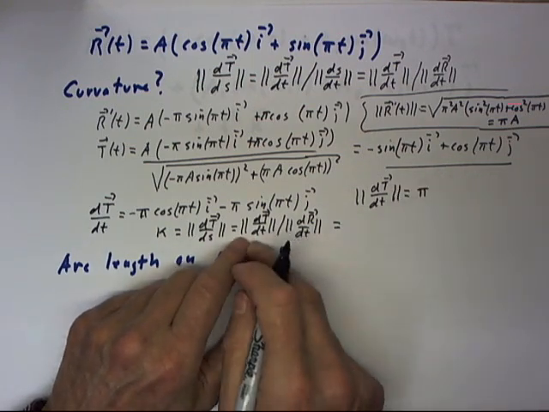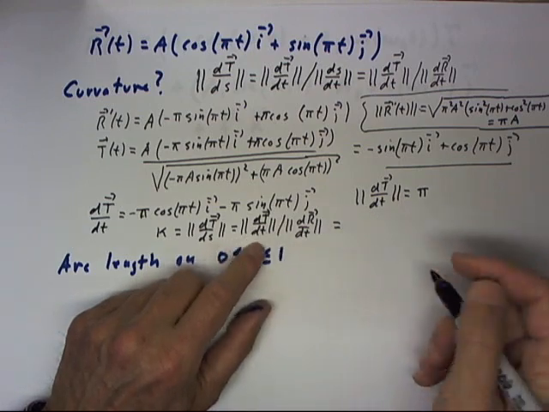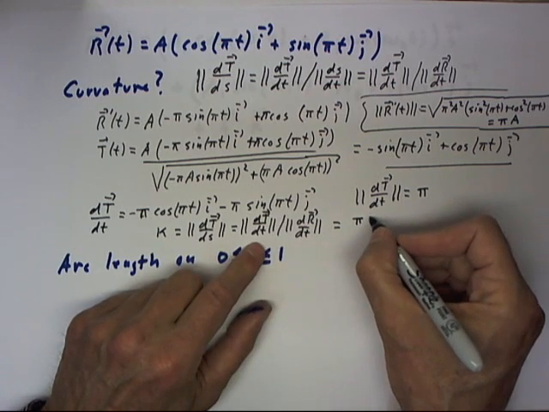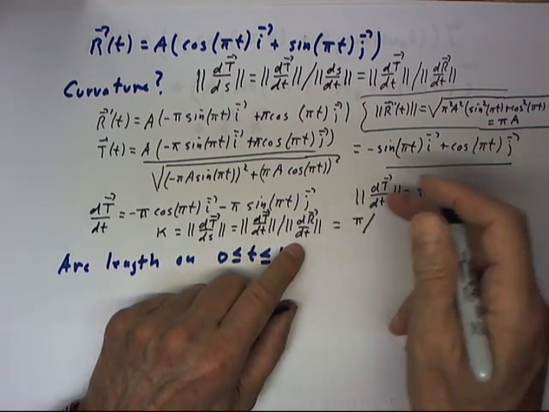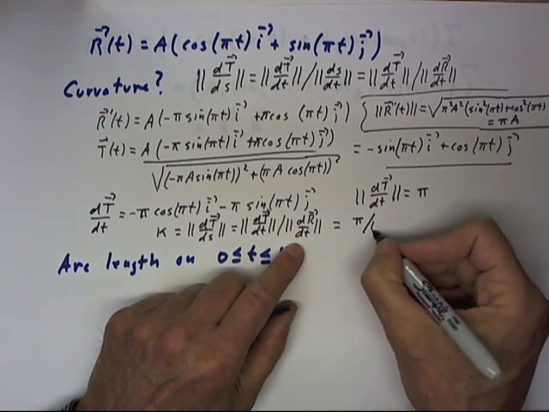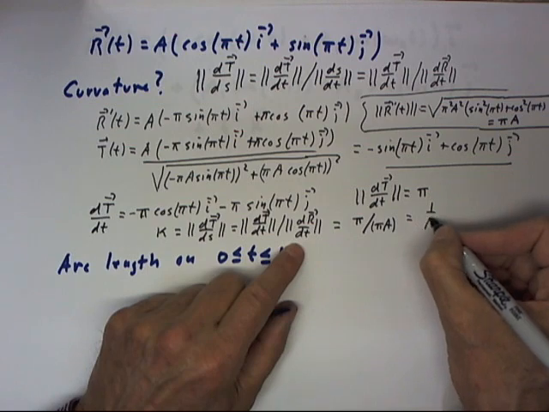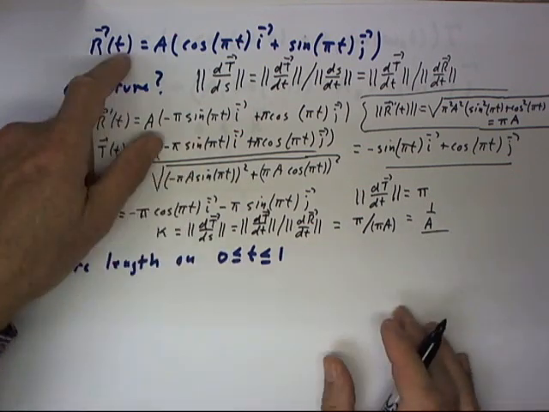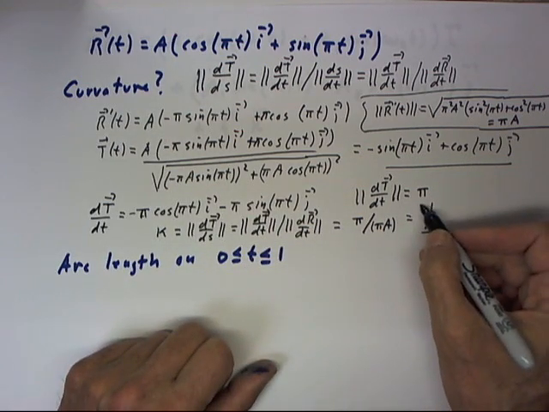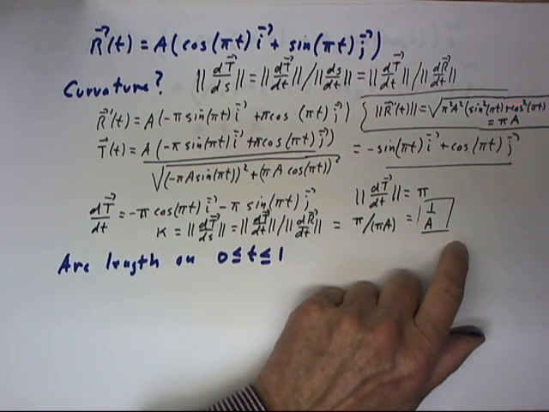This derivative, the derivative of big T with respect to little t, is just pi. dr dt is just pi a, and that's 1 over a. So it's a lot of work to come out with a simple expression, but this is our curvature.